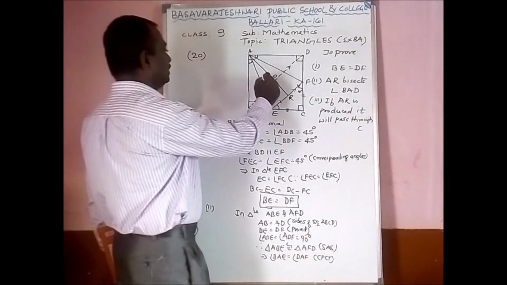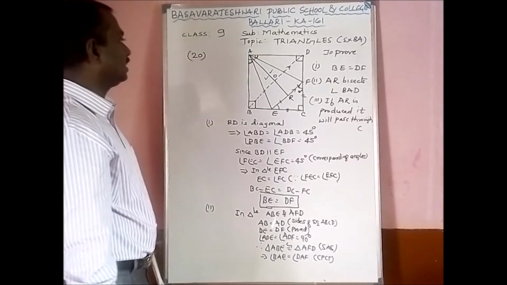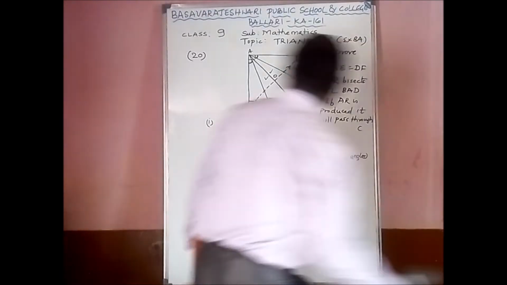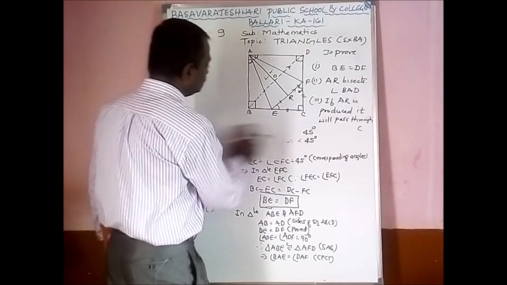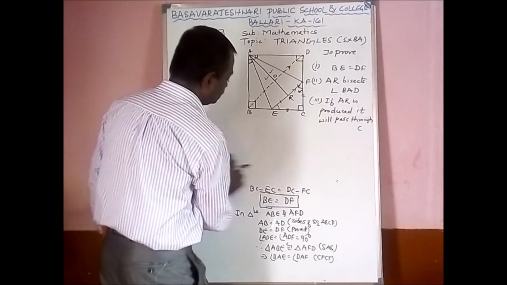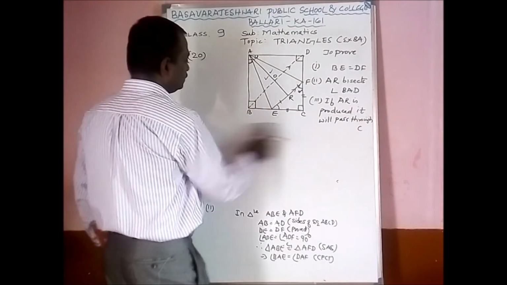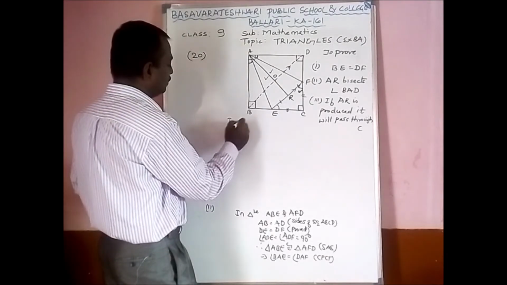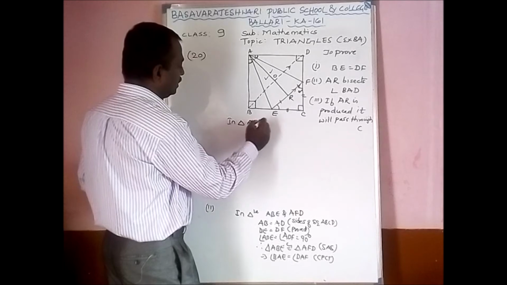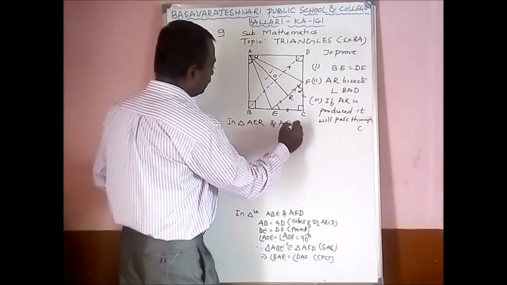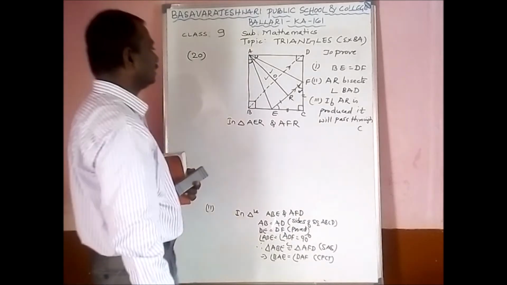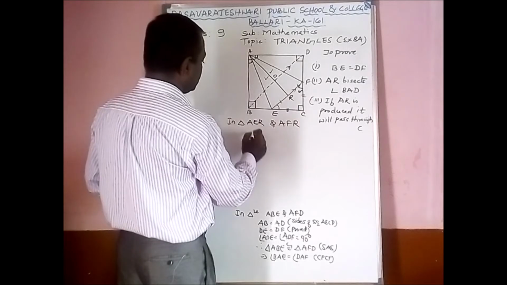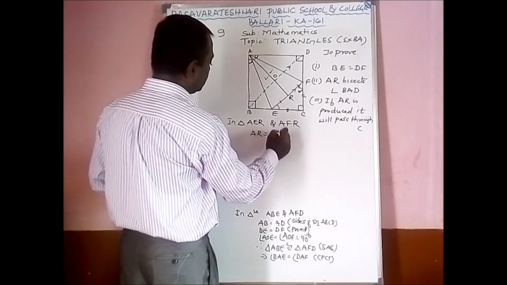Next I will take these two triangles, triangle AER and triangle AFR. In triangles AER and AFR, one is a common side, AR is equal to AR.